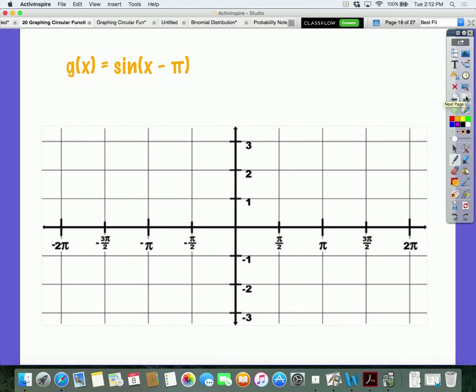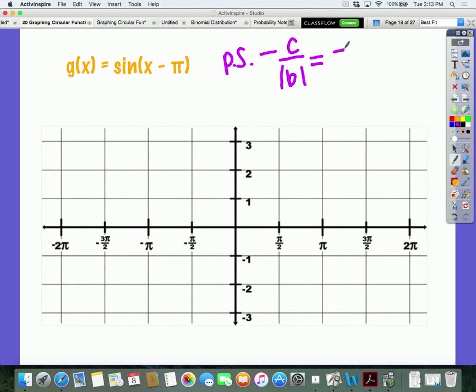If you notice, the number out front, the a, is 1, and the b is 1. So there's no horizontal stretching or compressing and no vertical stretching or compressing, because it's 1. But I am going to move my graph. Using my phase shift, the formula is negative c over b. What's the C?